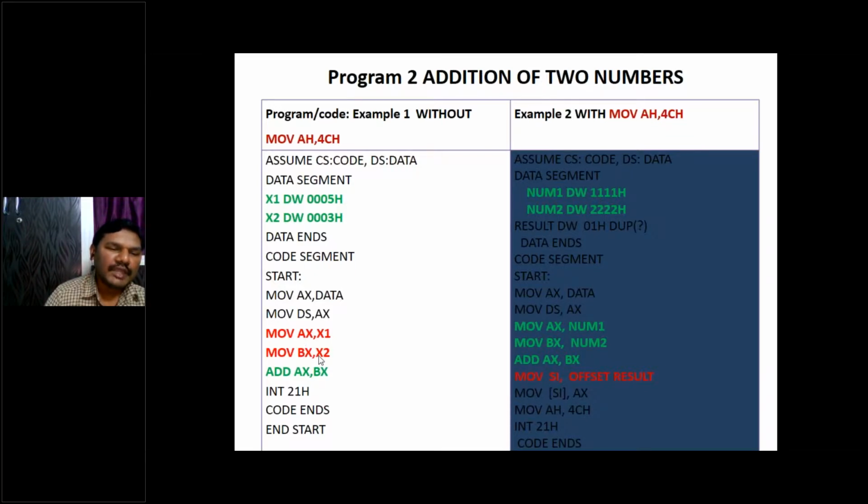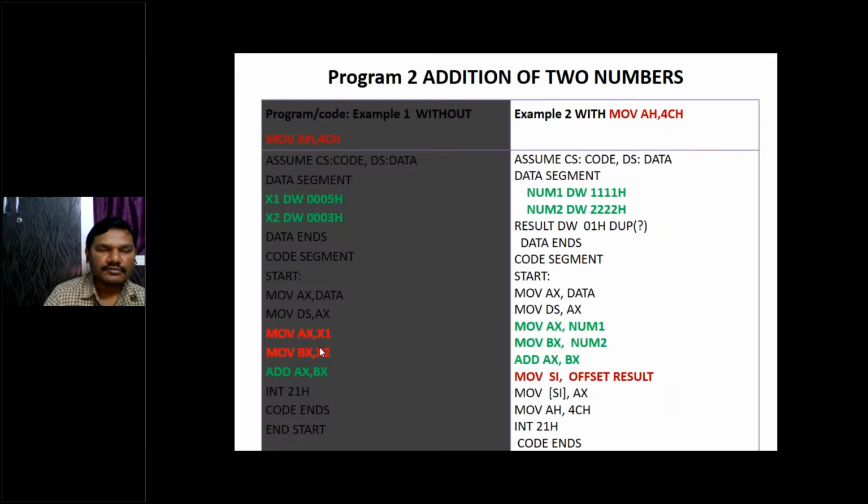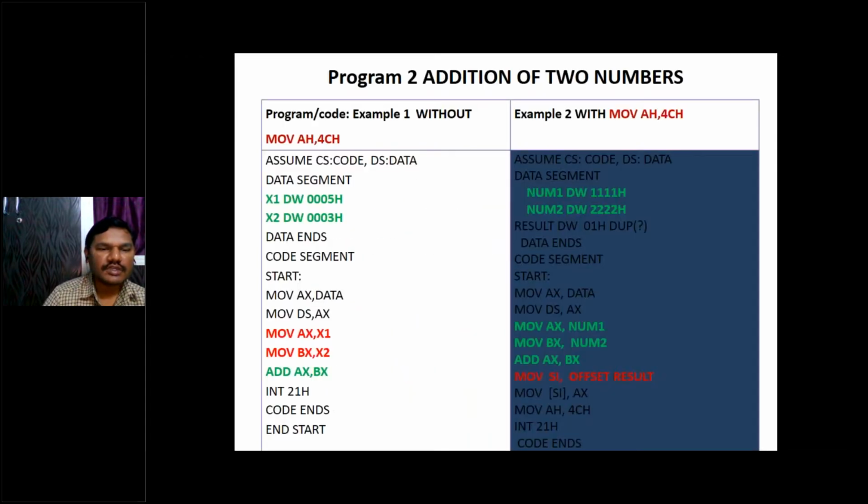So here also mov BX, X2. X2 is moved into BX. So what is X1? X1 DW. DW is define word. This is the data type, 0005, meaning 16-bit. X2 DW 0006.